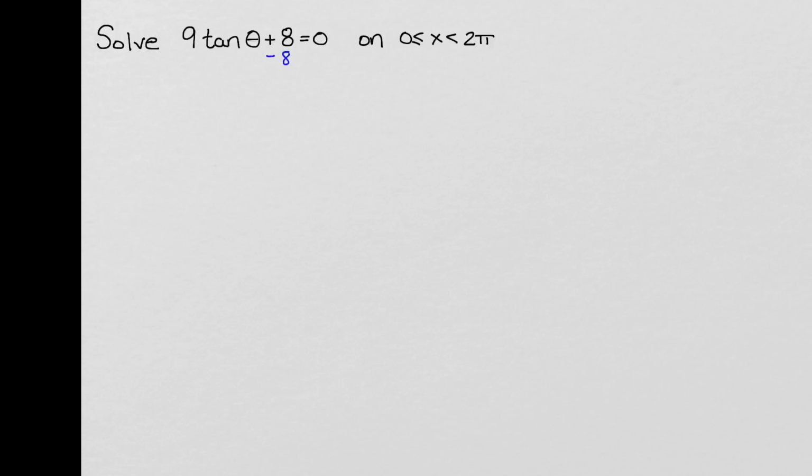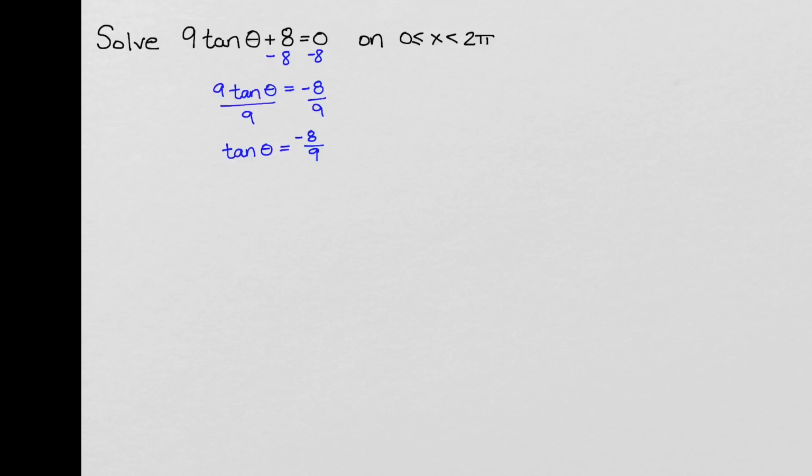I'm going to subtract 8 from both sides, and I get 9 tan theta equals negative 8. And I divide both sides by 9. And tangent of theta equals negative 8 over 9.